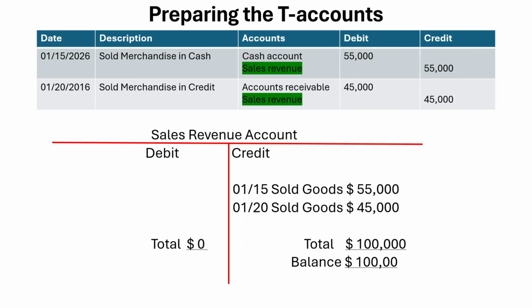Total on the debit side is zero. The balance is 100,000 minus $0 on the debit side. So we have a balance of 100,000, and usually for sales revenue, the balance is recorded on the credit side.